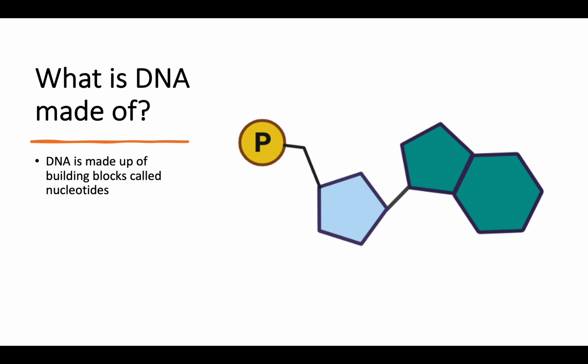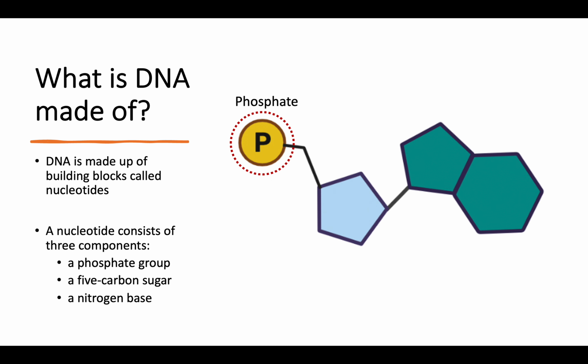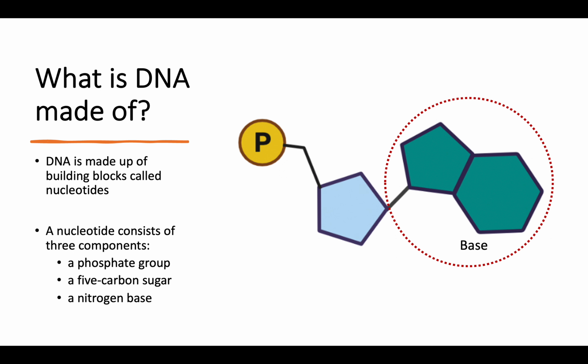So what is DNA made up of then? Well, DNA is made up of building blocks called nucleotides. A nucleotide consists of three components. First, a phosphate group. Second, a carbon sugar. And third, a nitrogen base.